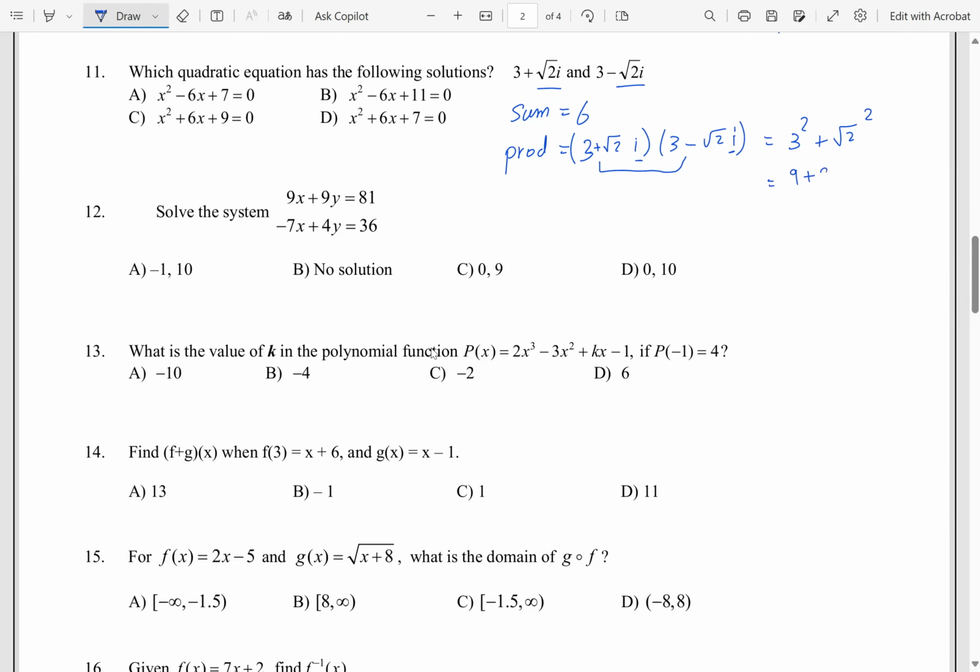So it's 9 plus 2, equal to 11. If the sum of the two roots of a quadratic equation is 6 and the product is 11, the equation is simply x squared minus the sum x plus the product 11 is equal to 0. So the correct answer is B.